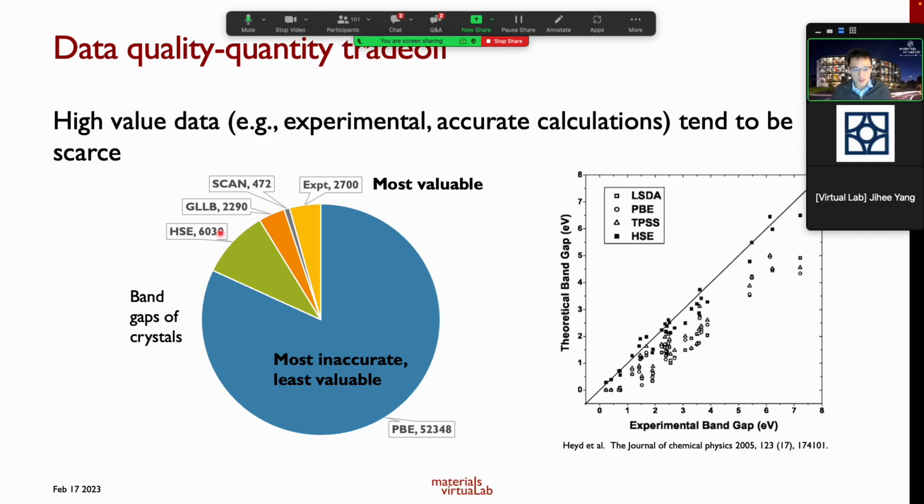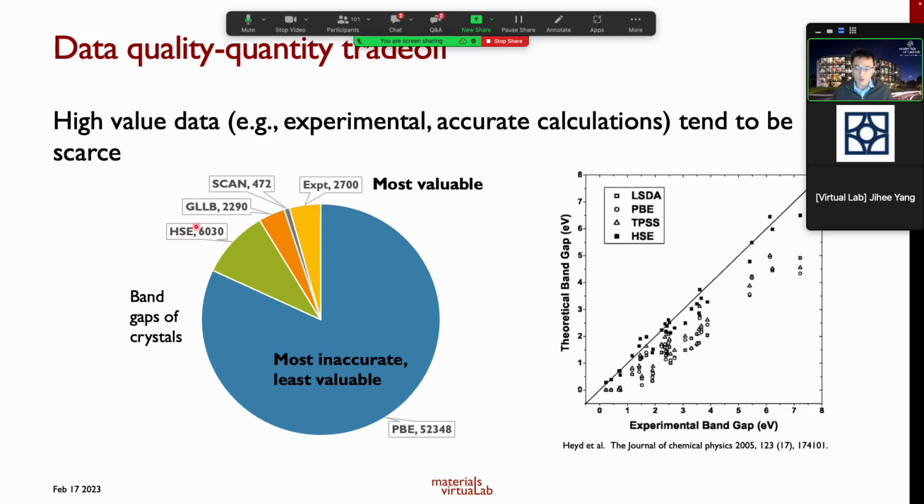For example, this is a statistic that we found: in terms of PBE band gaps, we can get close to about 50,000 band gaps today just from the Materials Project itself, okay? And this is the most inaccurate band gap in terms of computations, okay? It is also the least valuable, right?